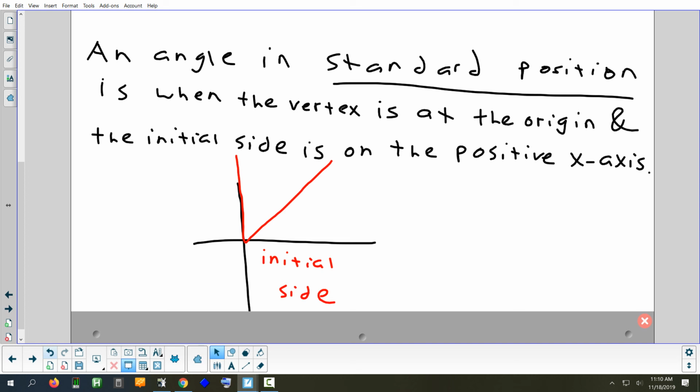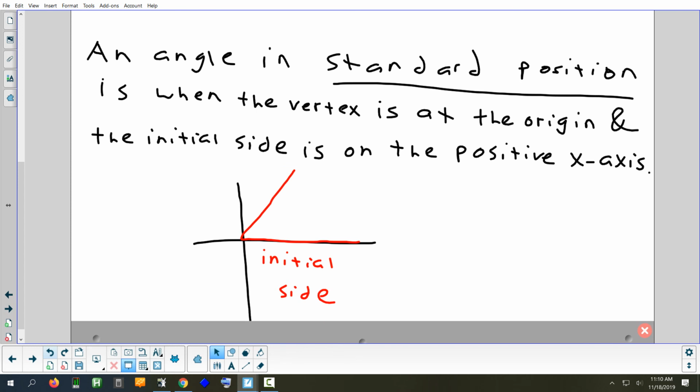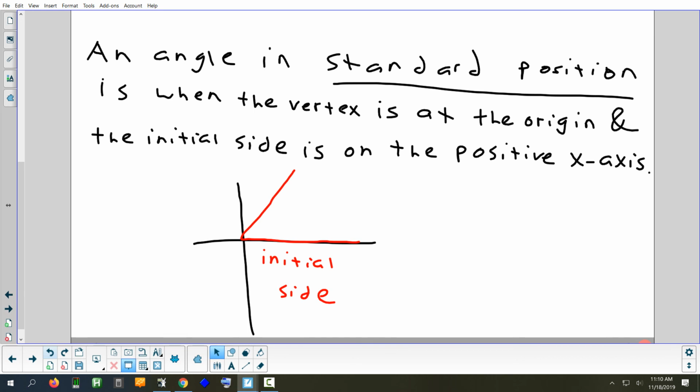Right. The initial side is not on the positive x-axis. The terminal side is on the y-axis, but that doesn't matter at all. Initial side has to be on the x, vertex at the origin. Okay, so that's called standard position. Questions on that? No.